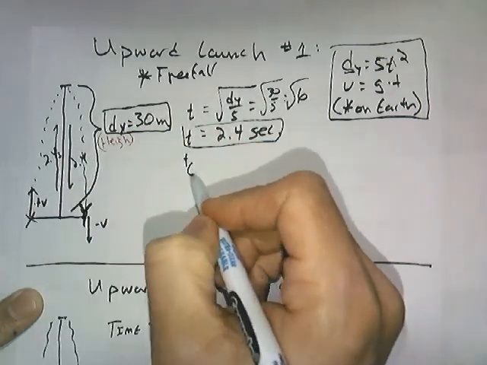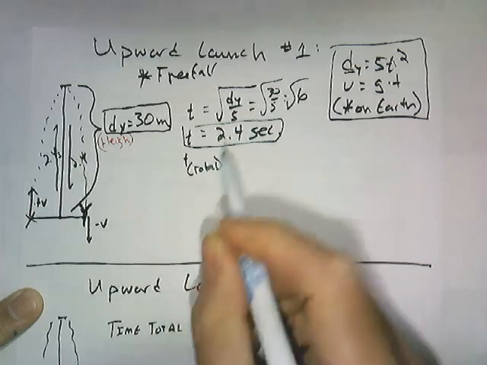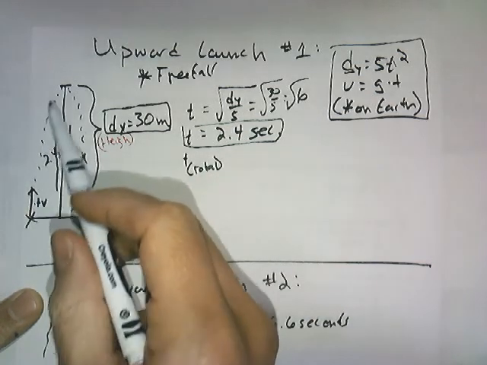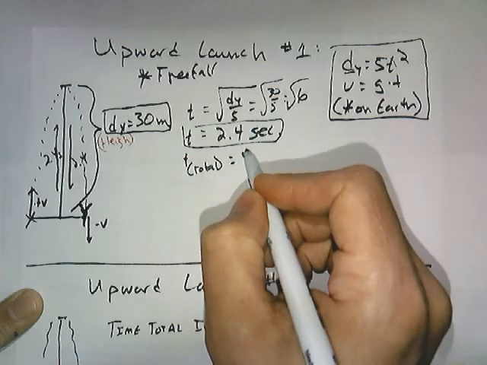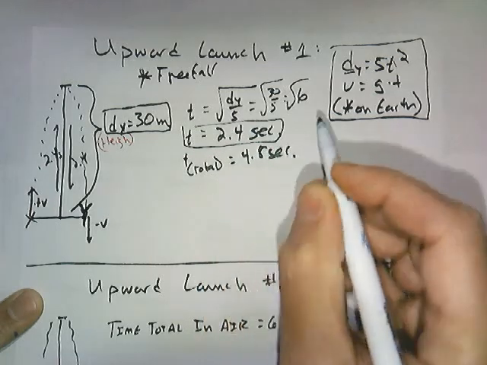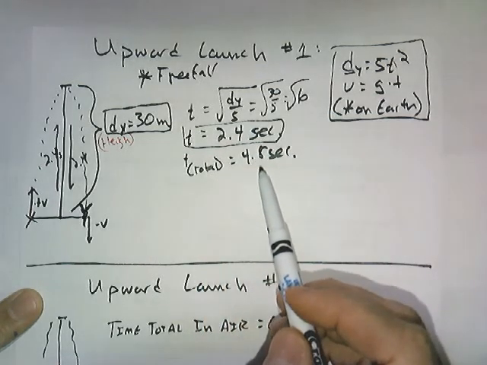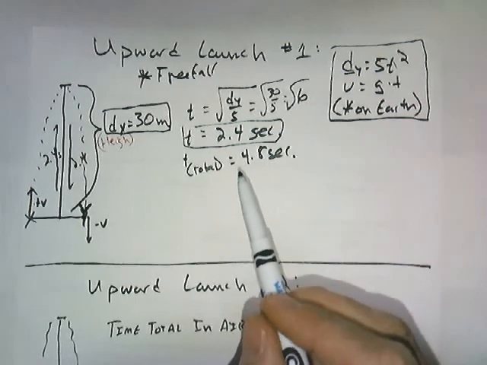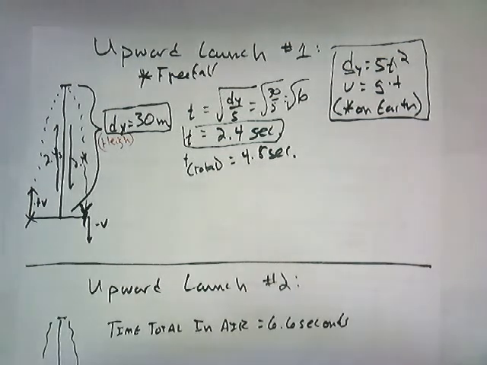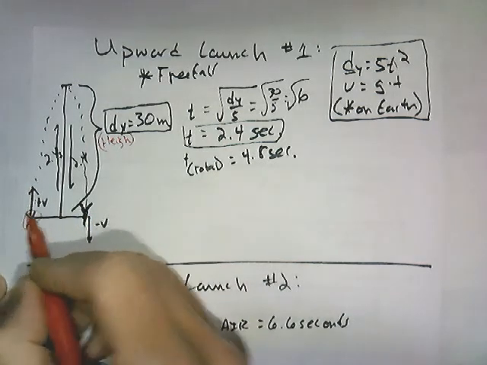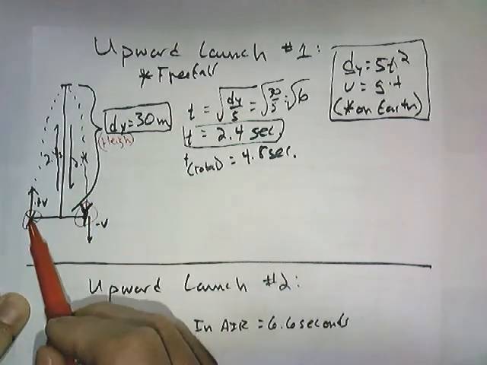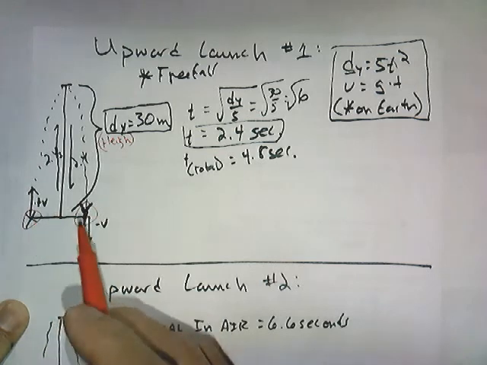Therefore, the total time is 2 times this value, which is 4.8 seconds. That object was in the air for 4.8 seconds. Then another question I'm going to ask is, what was its velocity at both x and at y? You'll find that they're equal in magnitude but opposite in direction.